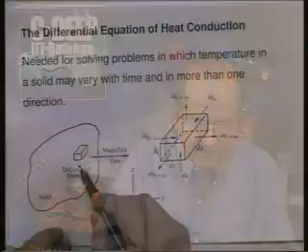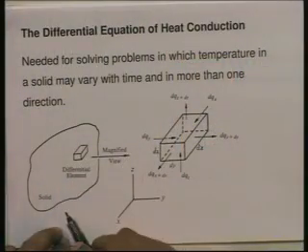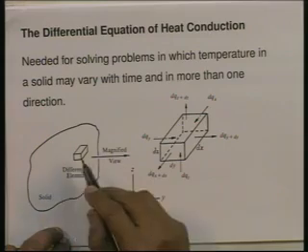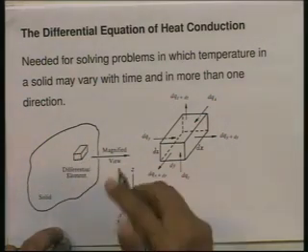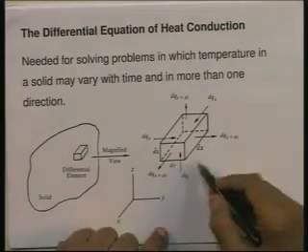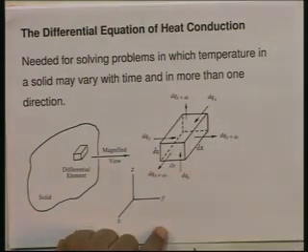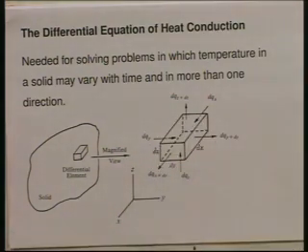So, we will take a differential element dx, dy, dz, anywhere, arbitrarily located inside this solid. And here on the right hand side, you have a magnified view of that differential element. Okay, now, we will make some assumptions, and with those assumptions, we will proceed to derive our differential equation.